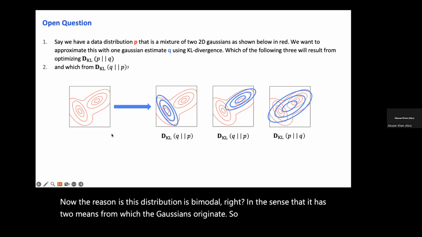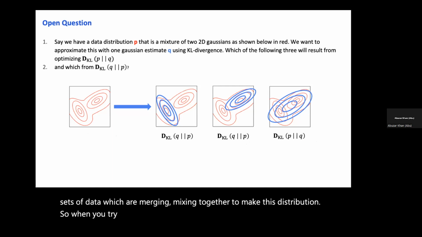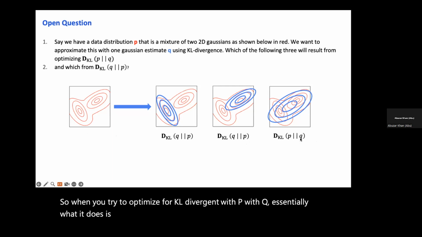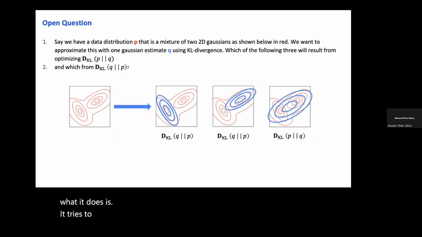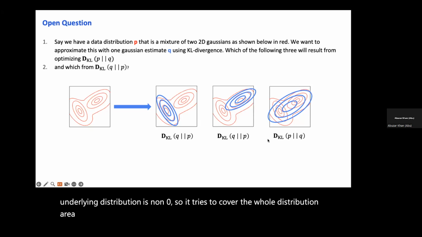So there are two sets of data which are mixing together to make this distribution. So when you try to optimize for KL divergence with P with Q, essentially what it does is it tries to cover both modes. It wants to be non-zero wherever your underlying distribution is non-zero. So it tries to cover the whole distribution area.